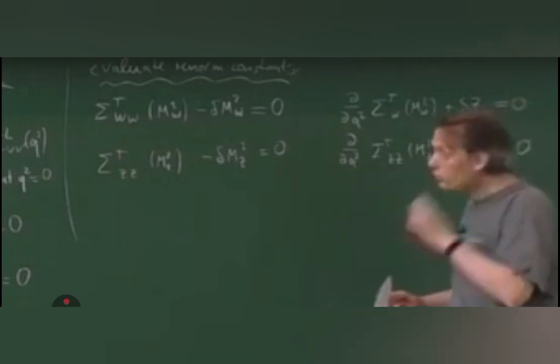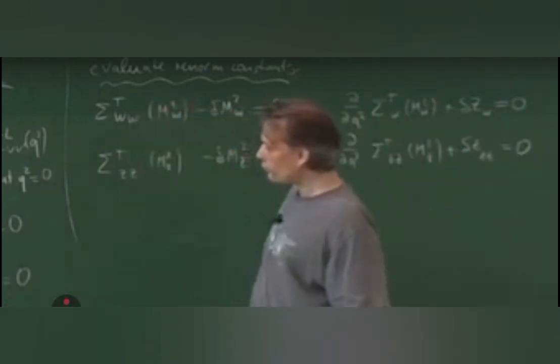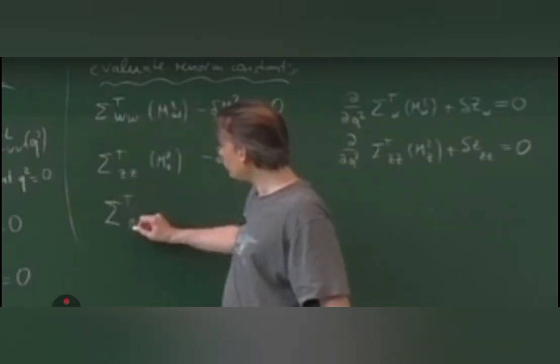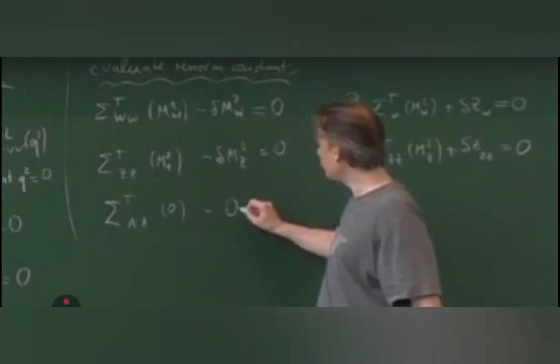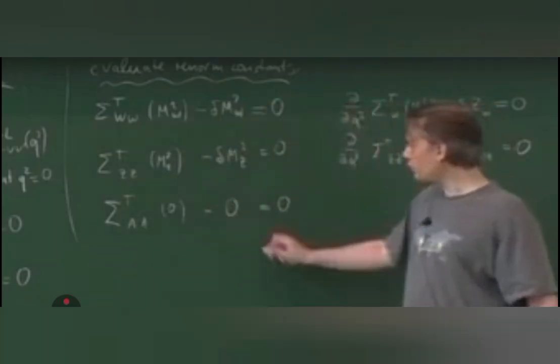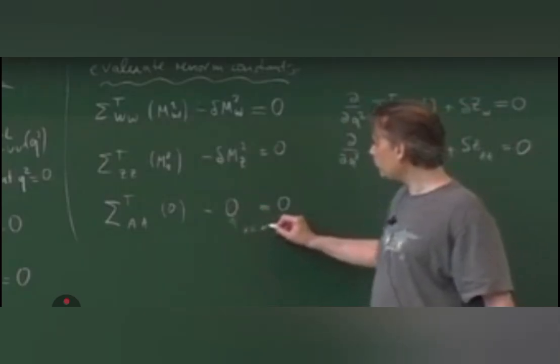Now, what about the photon mass? In the case of the photon mass, we get sigma transverse AA at 0 minus 0 equals 0. What I mean by this equation is that there is no renormalization constant available.